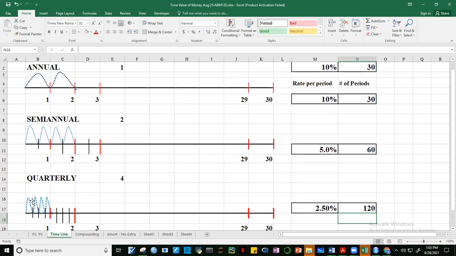So sa quarterly, 4 times kino-compound yung interest. Siyempre, may interest sa quarter 1, interest sa quarter 2, interest sa quarter 3, interest sa quarter 4. So every time, guys, pag compute natin ng quarter 1, may interest yun. Pag compute natin ng quarter 2, may interest na i-compute natin. So there will be interest on interest on interest on interest. So that's why our future value is now greater kaysa sa annual na compounding.